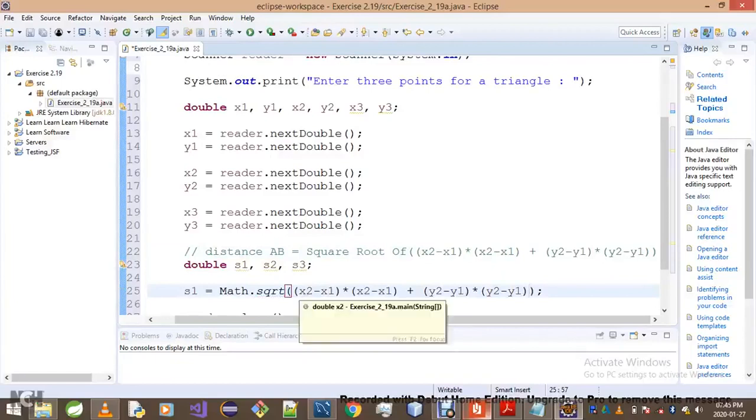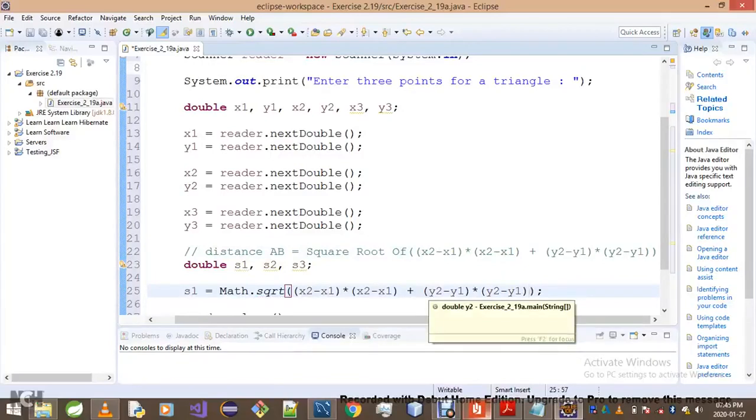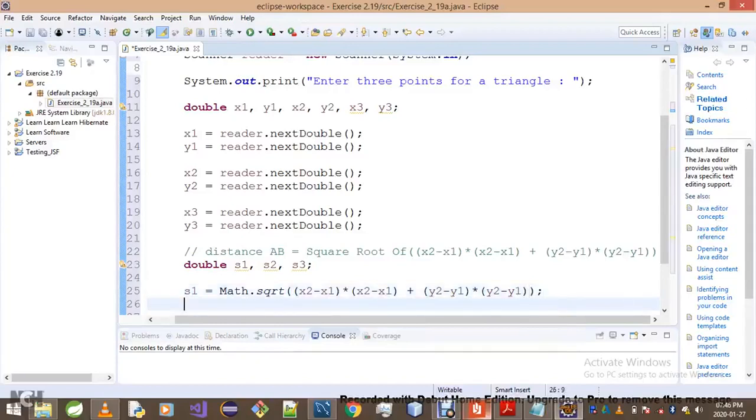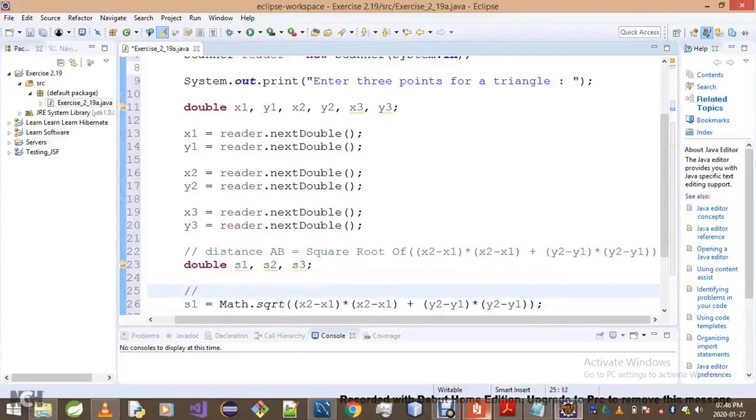It's x2 minus x1 squared plus y2 minus y1 squared. Okay, we've got our side S1. Likewise for our second side. So basically, let me comment this part out. That distance between A and B.